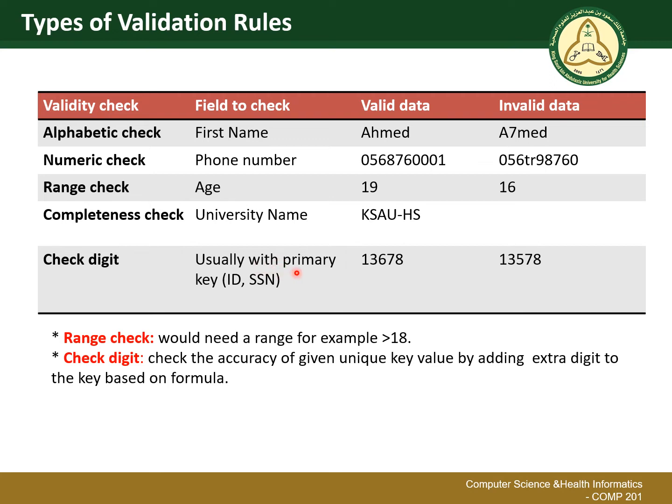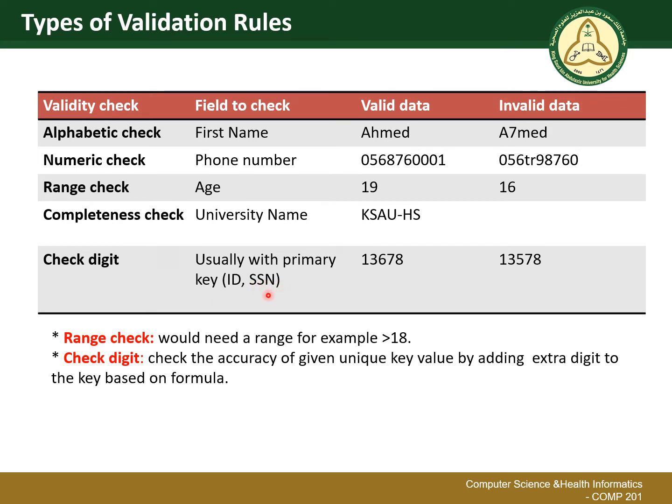So if we apply it on the university name, and we enter the university name, it will be considered correct. If we leave the university name without any data, it will be considered wrong, and we need to enter data here in this field.